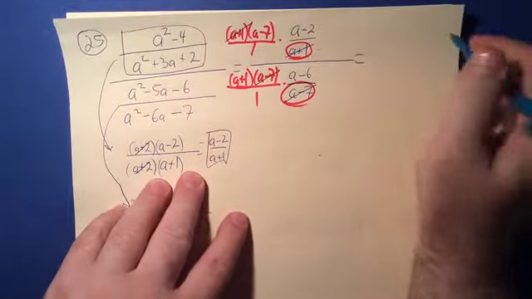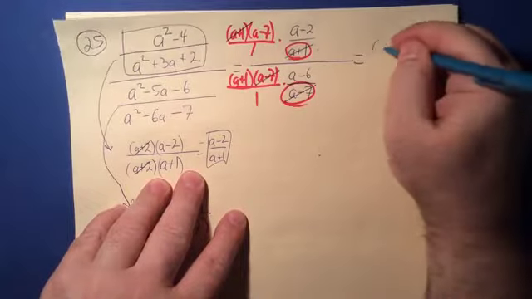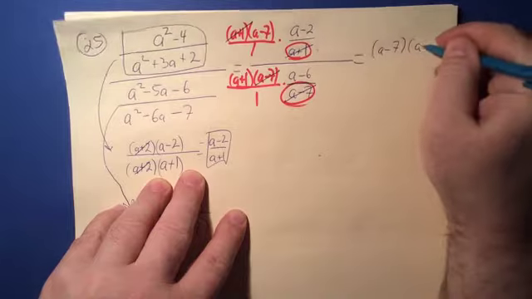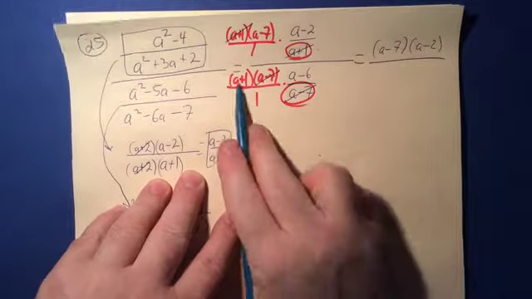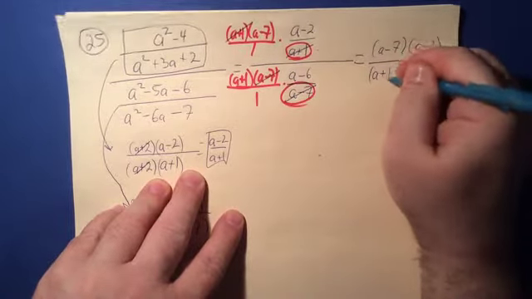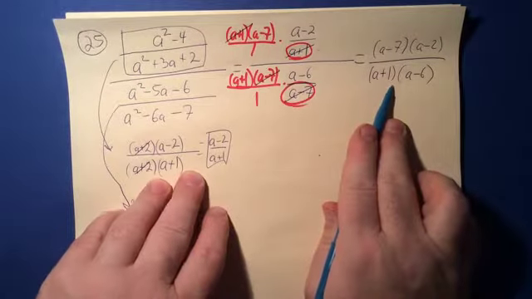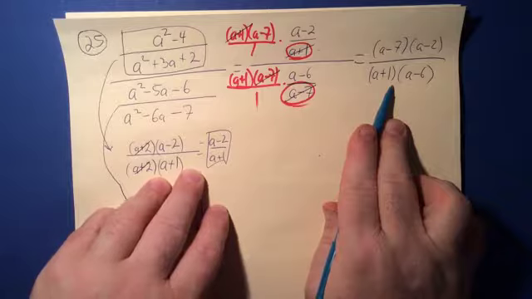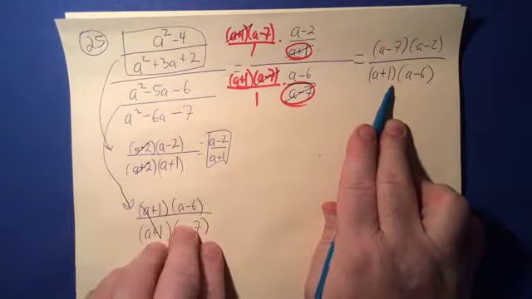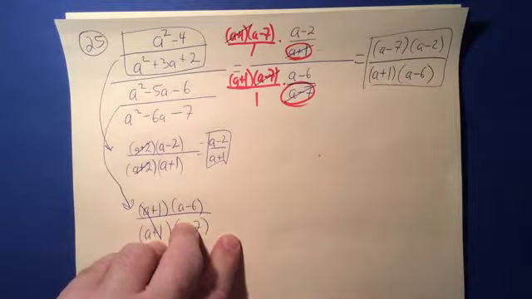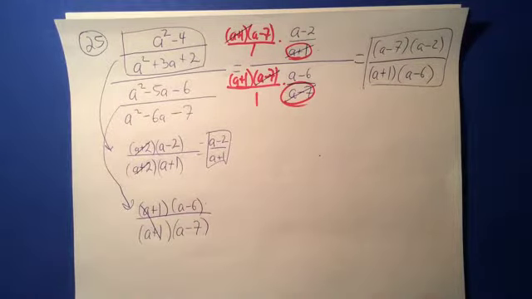So that's going to leave us now with a minus 7 times a minus 2 divided by a plus 1 times a minus 6. This fraction is now expressed in the simplest form, and that is as far as we can go with that question. So, a couple techniques.